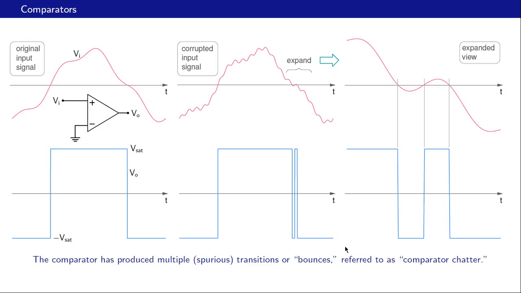So what has happened is the comparator has produced multiple spurious transitions or bounces, which are referred to as comparator chatter. It turns out that we can use a Schmitt trigger to eliminate this chatter, and let us see how we can do that in the next slide.